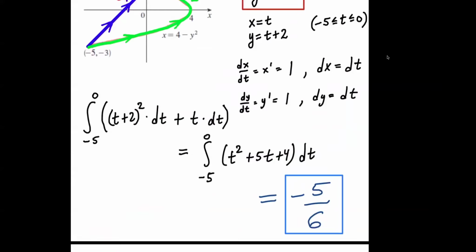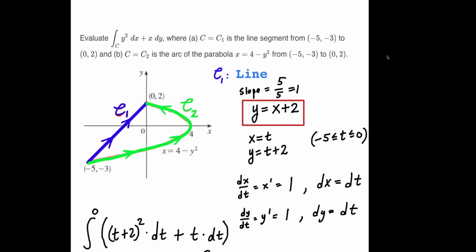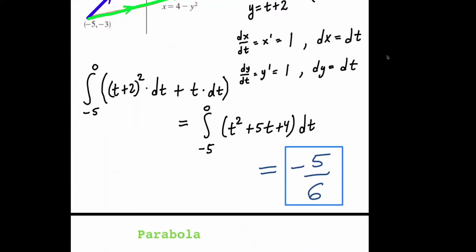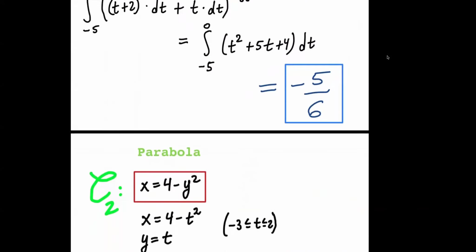Okay, now let's look at the integral here, but instead of integrating along the line, we're going to integrate along this green parabola. We want to integrate the same thing, but the points that we're summing over, the points on this curve, those are different. So we should expect a different answer. To integrate along the parabola, in this case, x is given as a function of y.